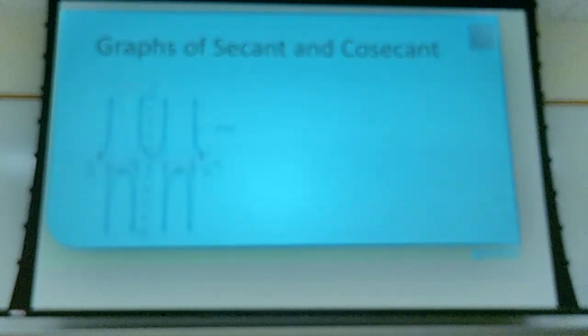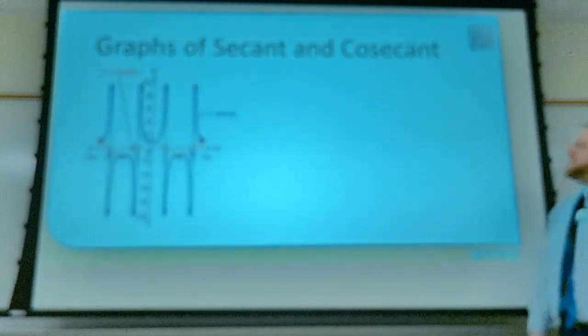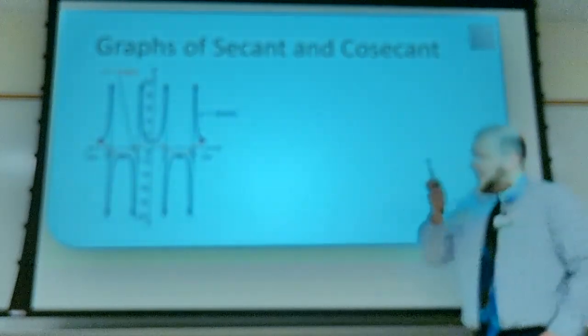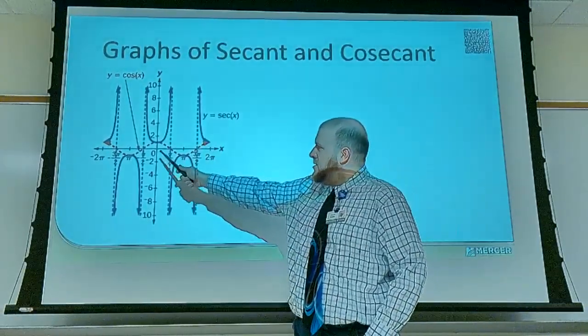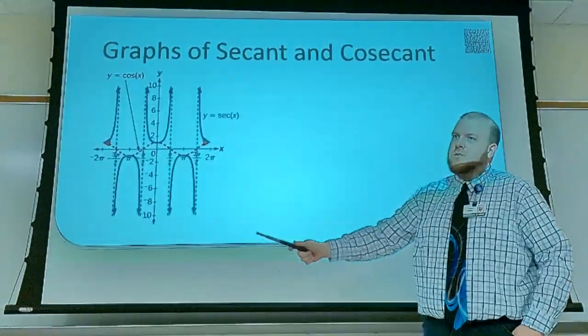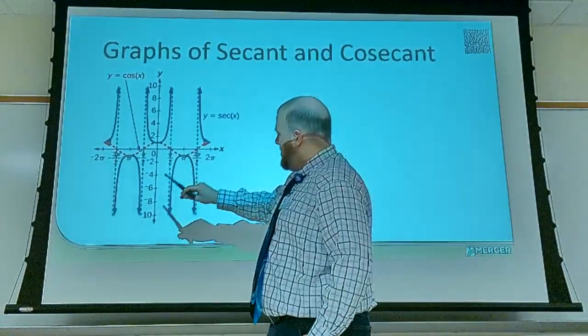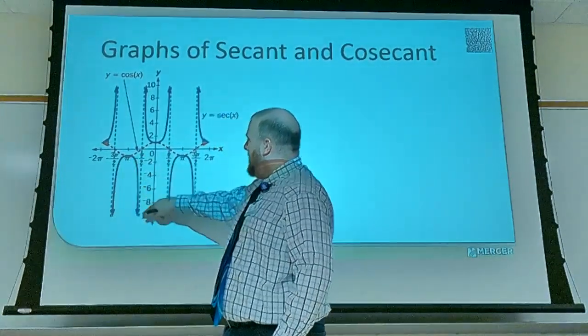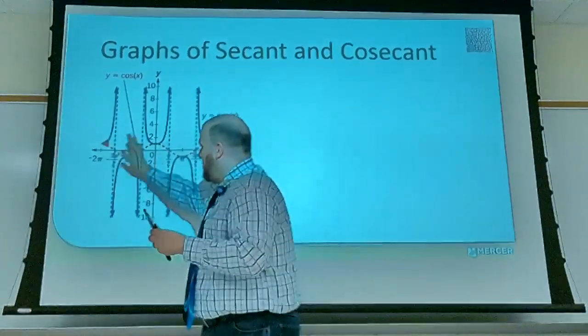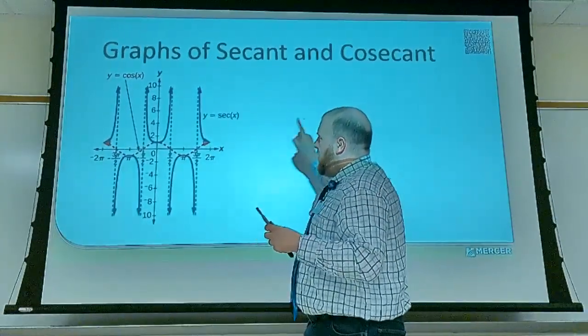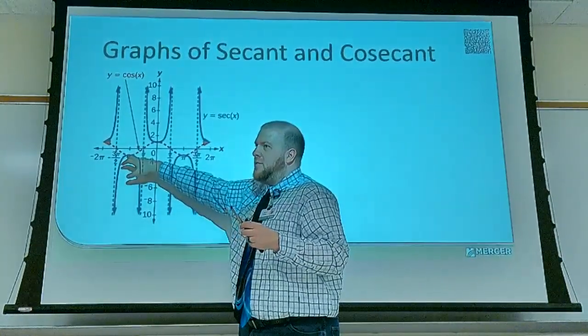Secant and cosecant. Here is the graph for secant, along with cosine. Right, notice what's happening with secant. They're kind of parabolic, and again, there's an infinite number of them. Notice where the vertex is, though.